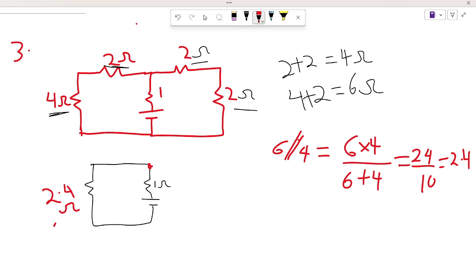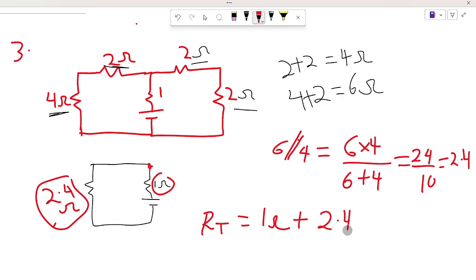And now our 2.4 ohm resistor and our 1 ohm resistor are in series. So our RT, or our total resistance, is going to be our 1 ohm resistor plus the 2.4 ohm resistor, and our final result is going to be 3.4 ohms.